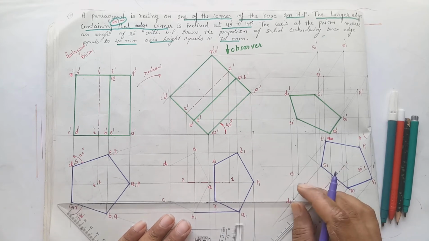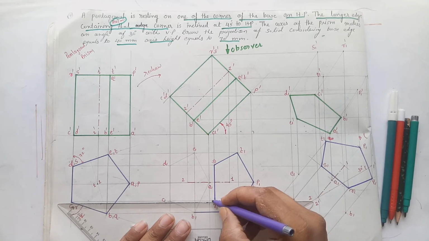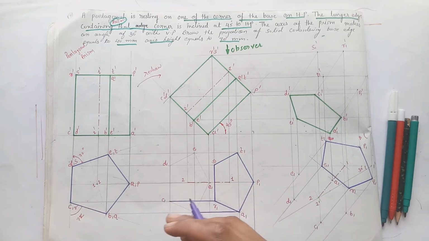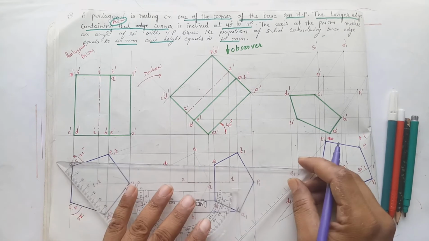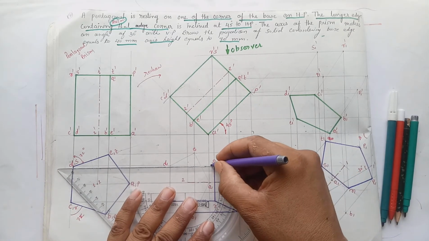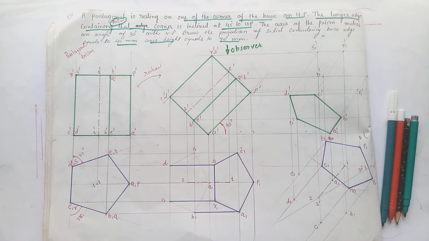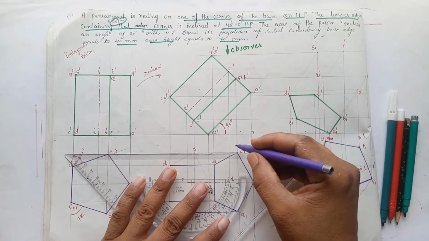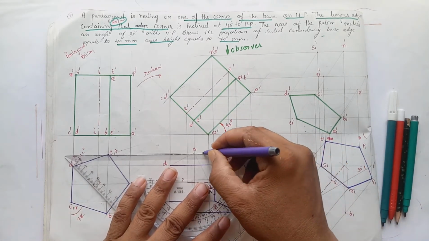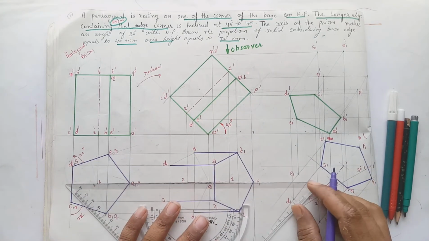So BQ is going to be visible. CR is going to be visible, no intersection in between BQ and CR. SD is going to be visible, no intersection. ET is going to be visible, no intersection.